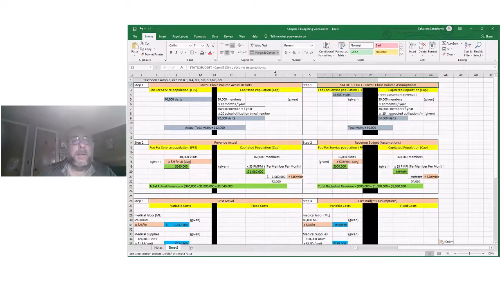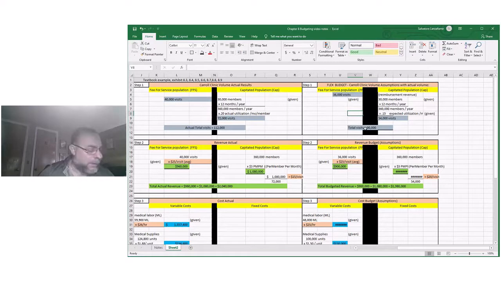So this will end up being our flex budget. Notice what I'm putting in there at the top: flexible budget, Carroll Clinic volume assumptions with actual volume.